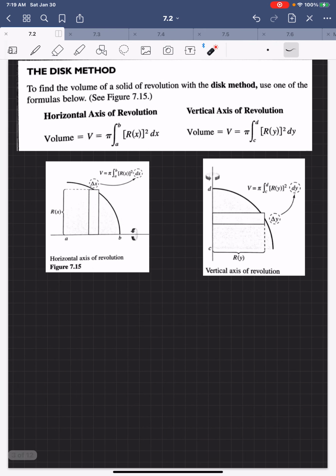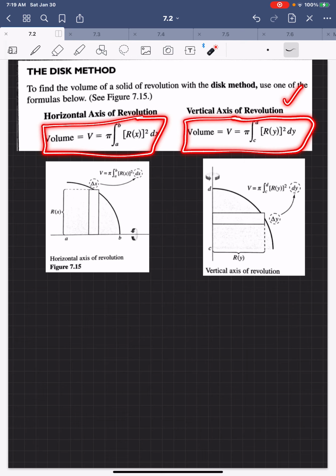Okay, so we now have our formulas. And notice that we have two formulas for the disk method: one for horizontal axis of revolution and one for vertical axis of revolution.